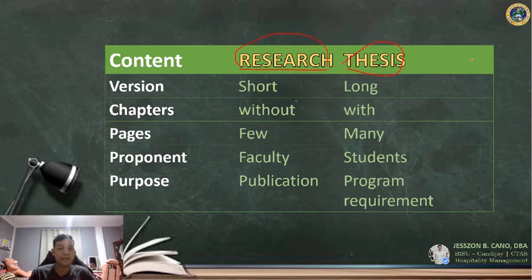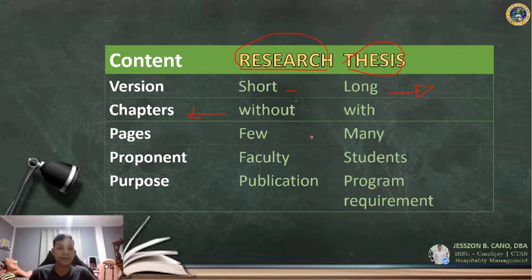For the thesis, it is a long version, and the research is only a short version. And for the research format, there are no chapters. But with the thesis, we have chapters: chapter 1, chapter 2, and chapter 3.